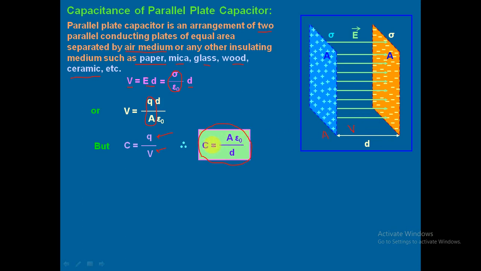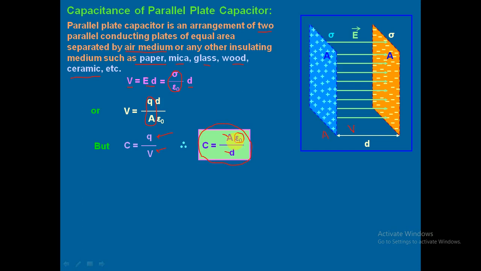You can see here, this capacitance does not depend upon the potential. It does not depend upon how much charge is given to the plates. It does not depend upon the electric field or any other physical quantity. It depends upon the area of the plates, the distance between the two plates, and which medium is placed between the two plates of the capacitor.